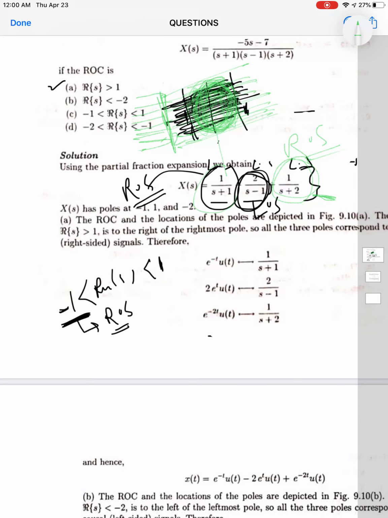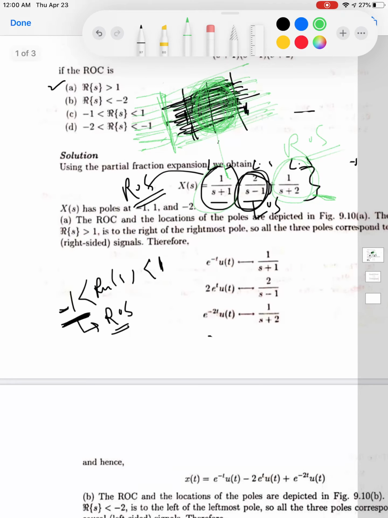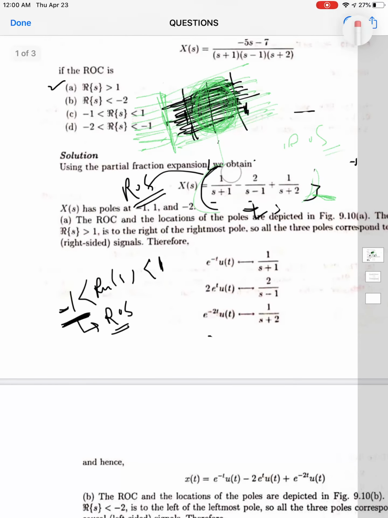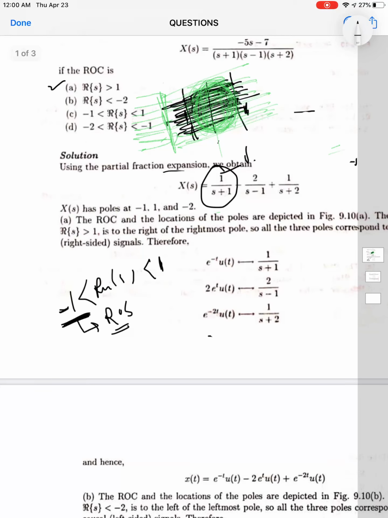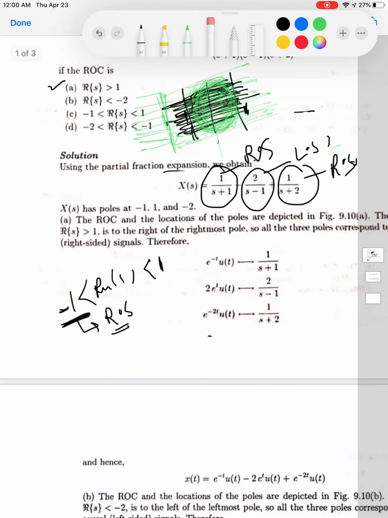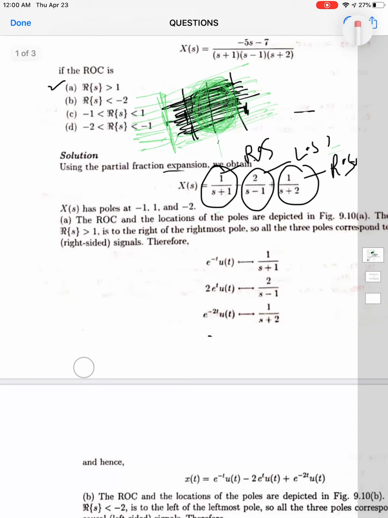So it means with respect to this term it will be a right sided sequence, with respect to this term it will be a left sided sequence, and with respect to this term it will be a right sided sequence. Use the transform pairs to write the inverse Laplace transform.